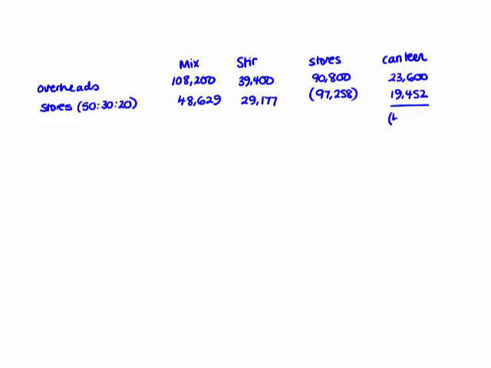Then for the canteen, we're going to allocate out 43,053, and for the canteen that's going to be in the split 45, 40, 15. So 45% will go to mixing and 40% will go to the stirring department, with the final 15% going into stores.